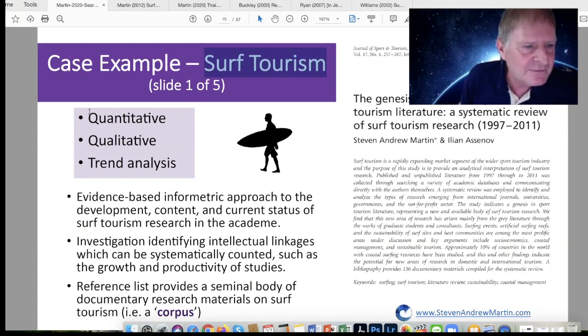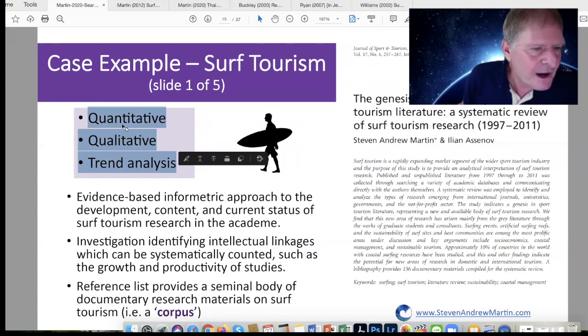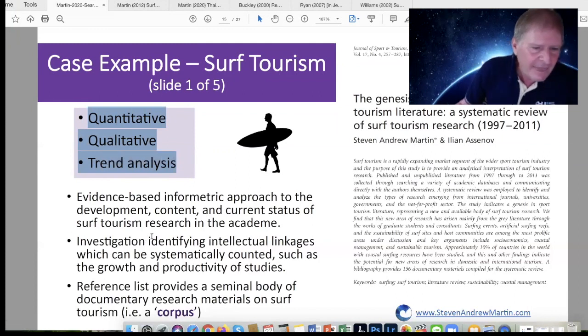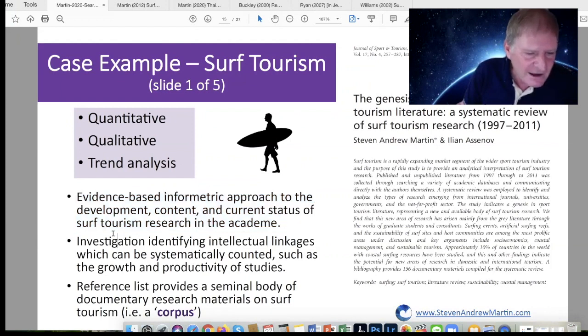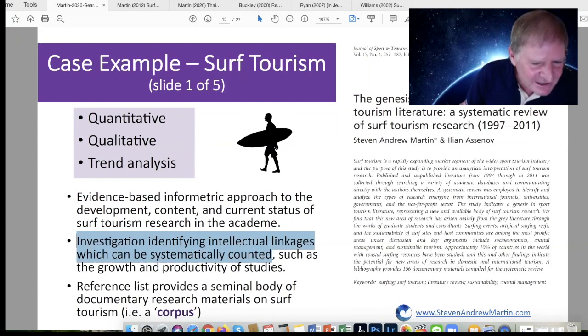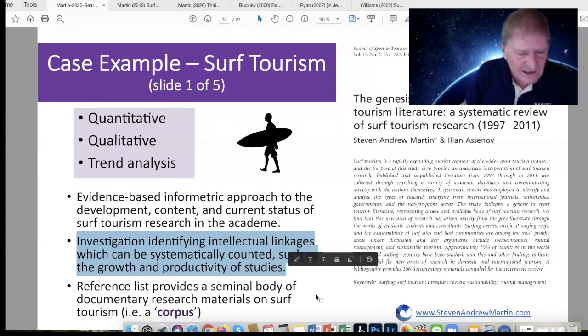Because it's very clear. In my paper, I did this quantitative, qualitative, and I also had a trend analysis, right? And so I took this approach in my systematic review, which is an evidence-based infometric approach to the development and content of the current state of surf tourism, right? So I know this sounds wordy and I hate to read it to you, but I think it's valuable if you look at it.